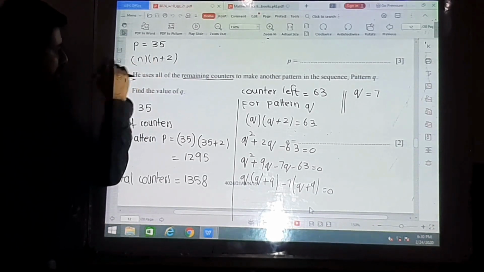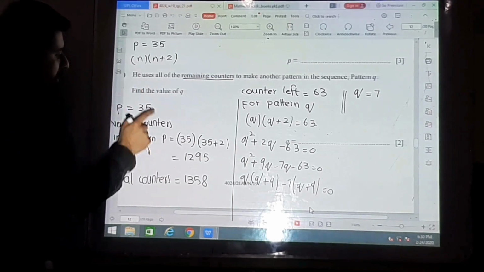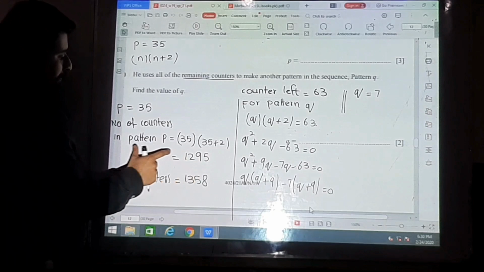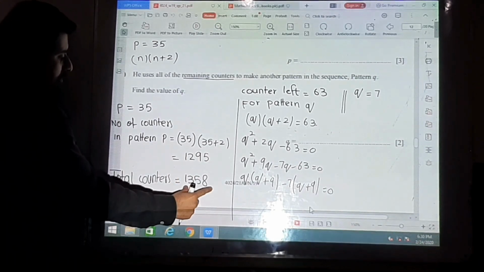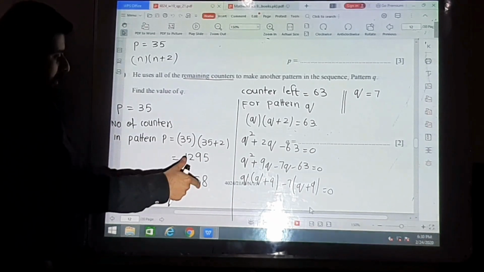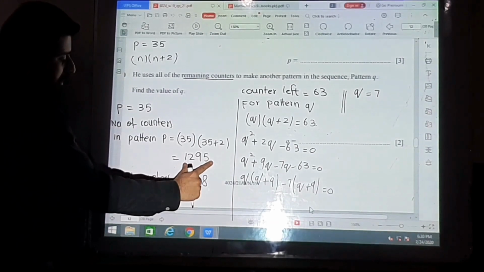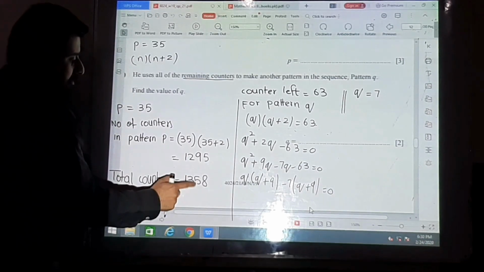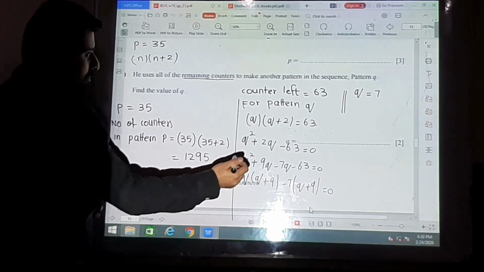So 35 into 35 plus 2 will give you 1295. Now these are the counters in pattern P. However, total counters were 1358. So the counters left after using 1295 counters in pattern P, simply subtract both of them, will be 63.